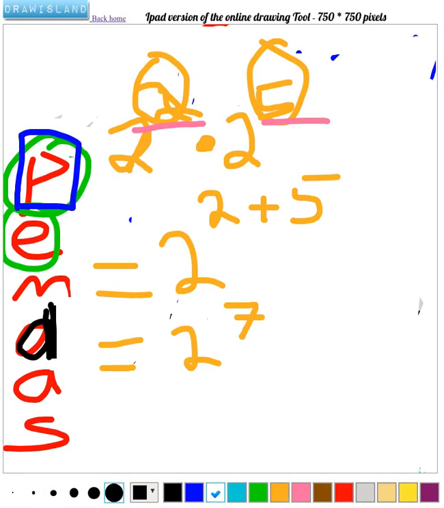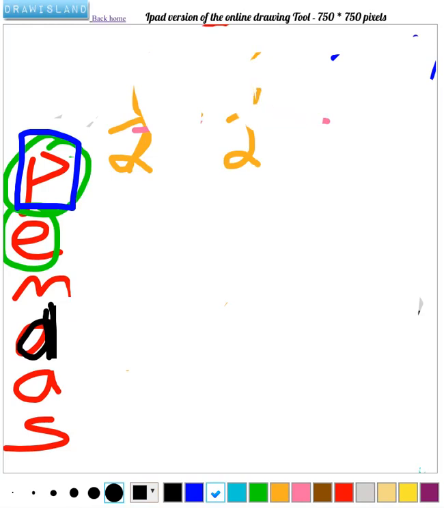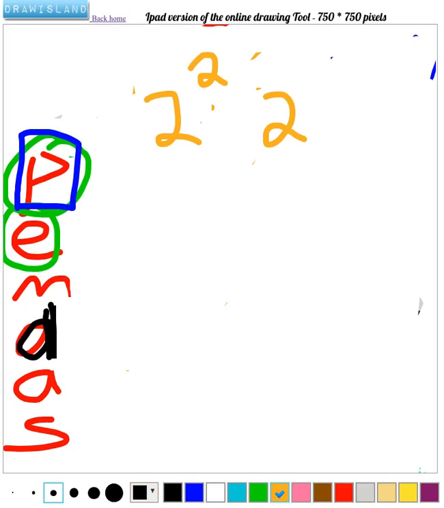As you may know, multiplication is the opposite of division. So, what if we had this exact same thing, except it's division?